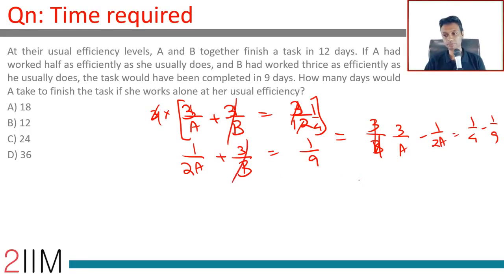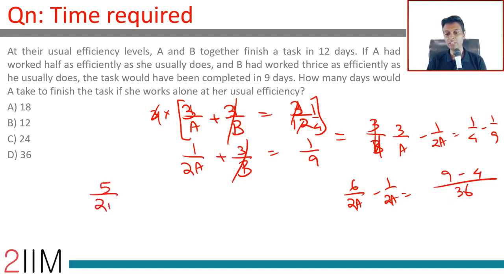The 3 by B will disappear. 3 by A minus 1 by 2A, that is 6 by 2A minus 1 by 2A, equals 9 by 36 minus 4 by 36, or 5 by 2A equals 5 by 36. 2A is 36, or A is 18. A alone at usual efficiency will take 18 days to finish it.